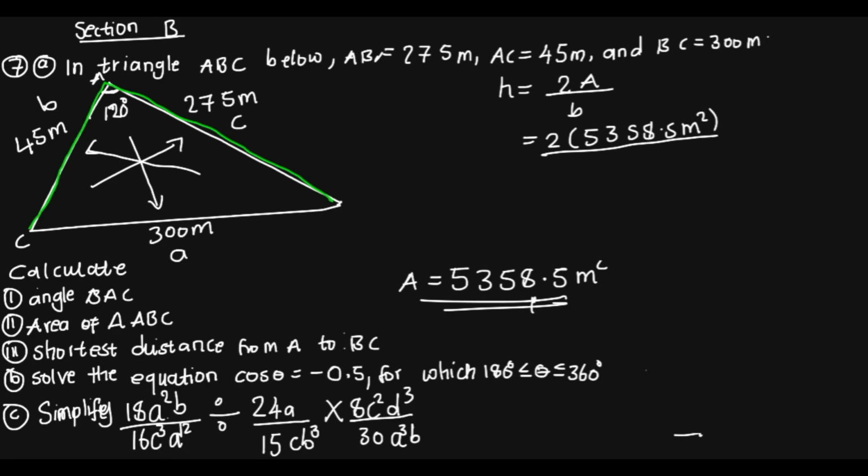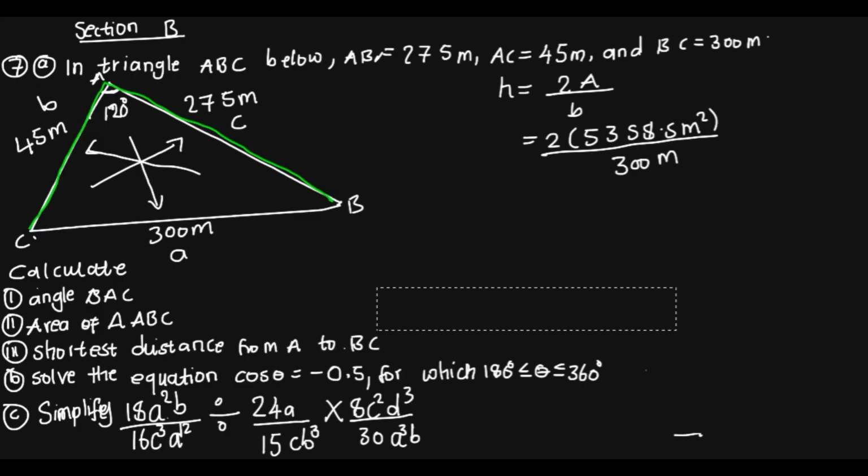So we are moving from A to BC. So this distance for BC is the one we are going to consider for B. So over 300 meters. Okay, now we can do the mathematics.